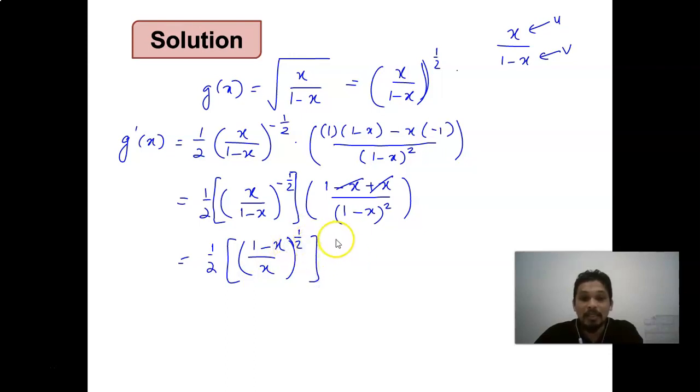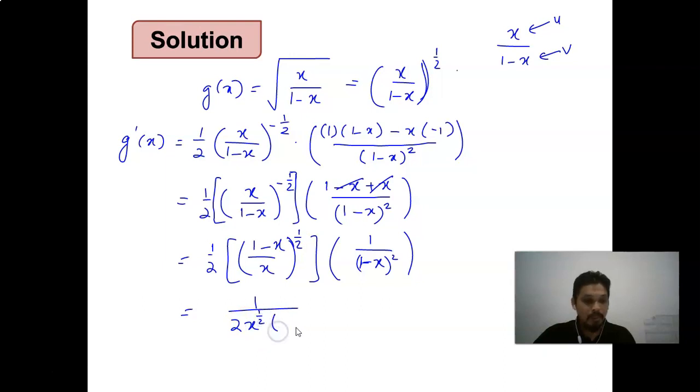So then this one here, 1 divided by (1 minus x) squared. And this one comes out with 1 over 2, x to the power of negative half, and then (1 minus x) to the power of 3 over 2.